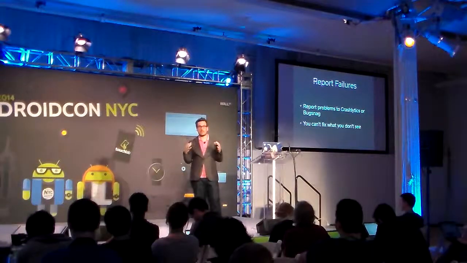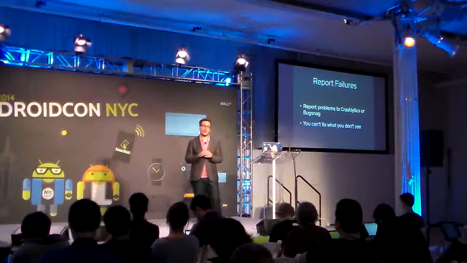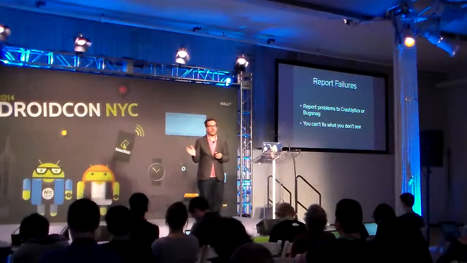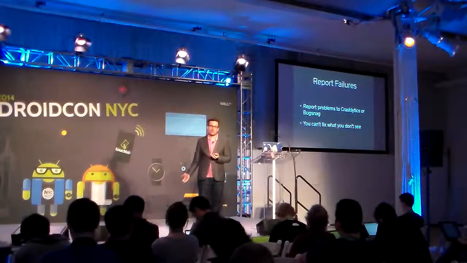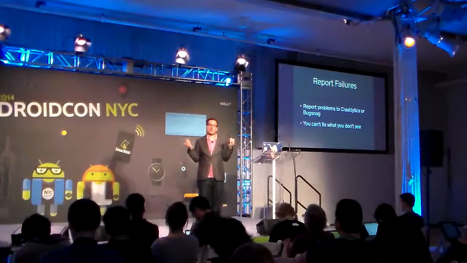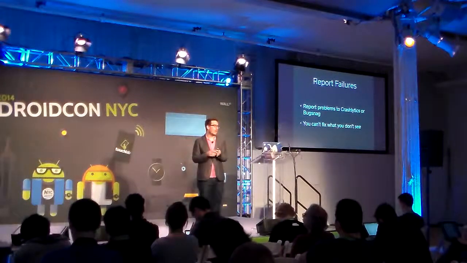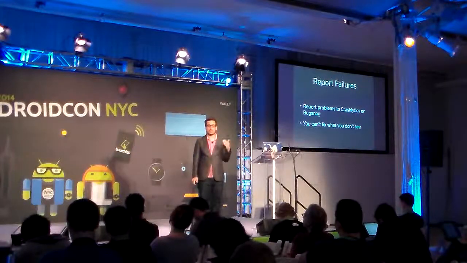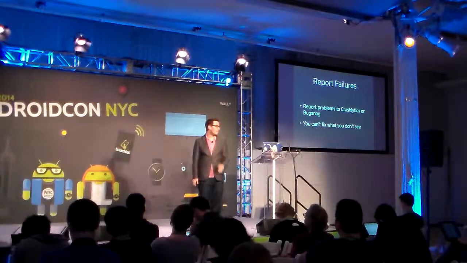That means the client, the Android application, is broken, and you need to report that to Crashlytics or Bugsnag. That way, you can detect that there are bugs. The server folks aren't actually going to see this because they're going to say, oh, 404 not found, that means somebody, some hackers, are playing with our system or something. The only way to do it is for the client who made the mistake, or detected the problem, to report it to another service.